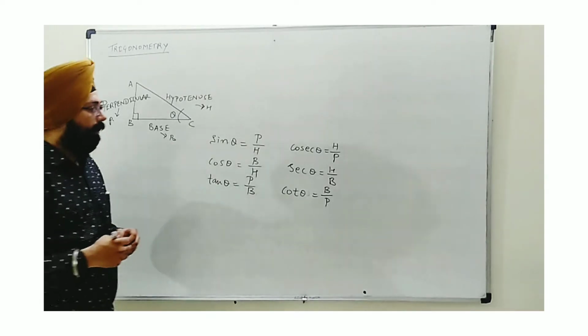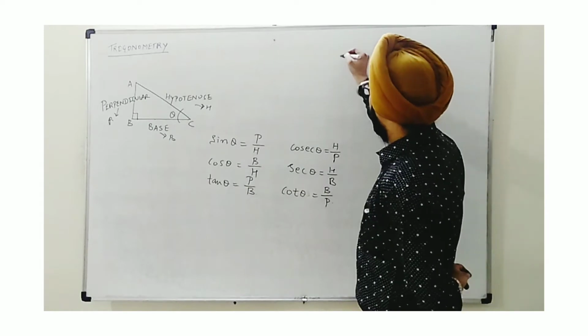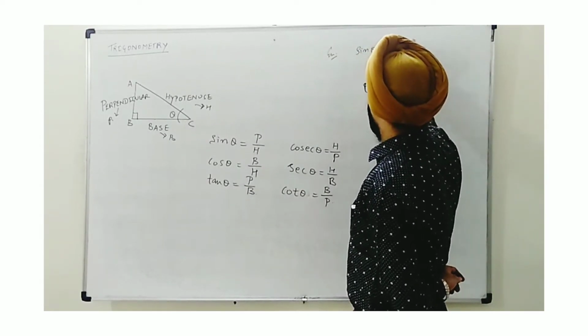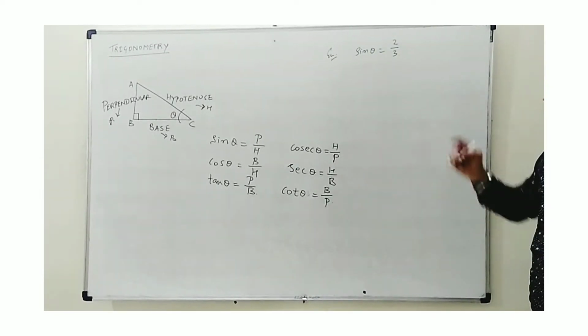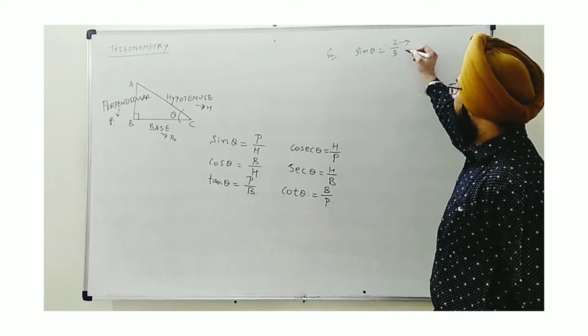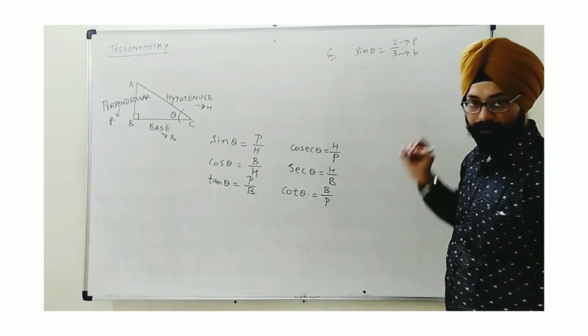The first thing for which we used these functions: suppose I write one example, sin theta is equal to 2 upon 3. Its value is 2 upon 3. So we compare this ratio 2 upon 3. 2, the numerator, is considered to be perpendicular, 3 is considered to be hypotenuse.